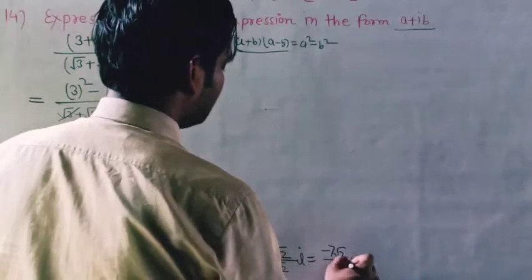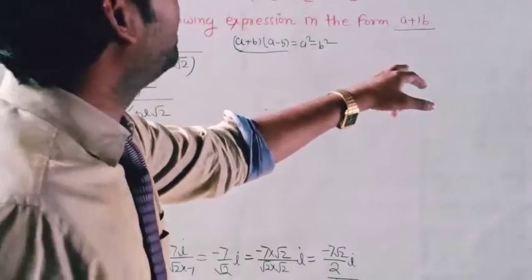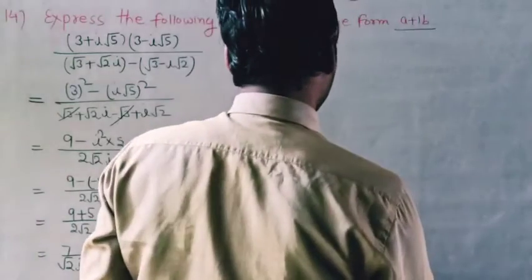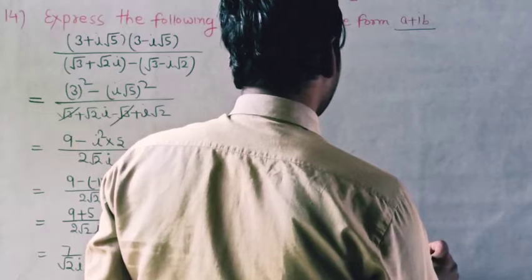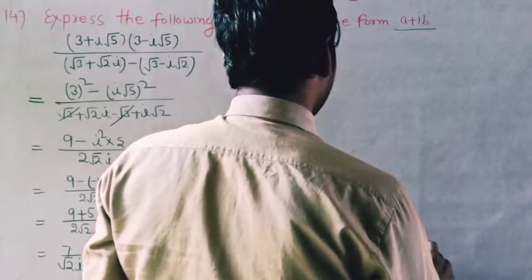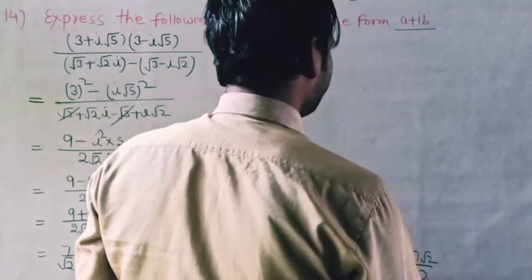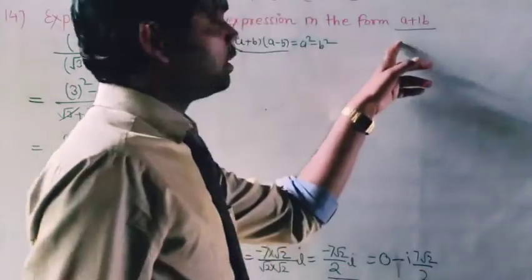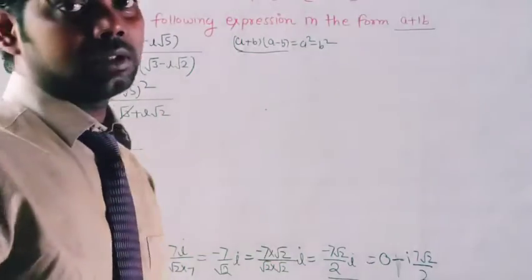Okay, so this is expressed in the form a plus ib, meaning 0 plus i times minus 7 root 2 by 2. Okay, this is the given expression expressed in the form a plus ib.